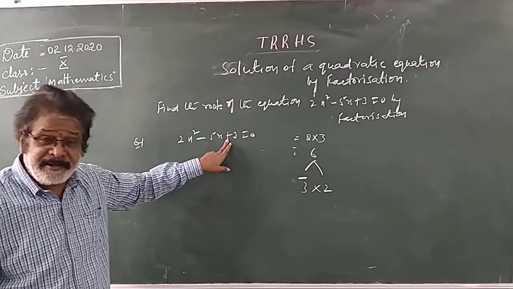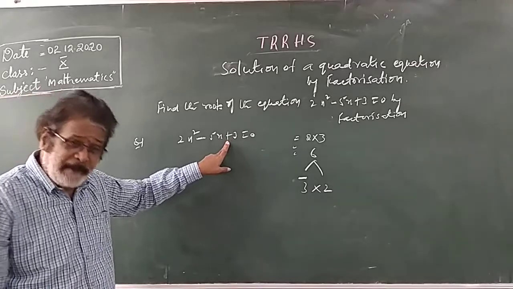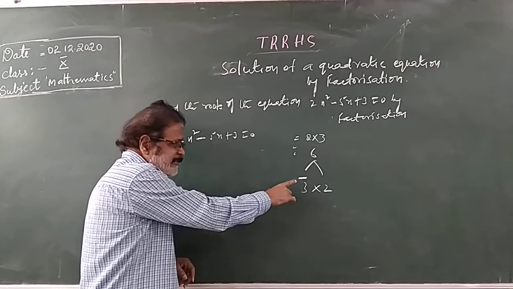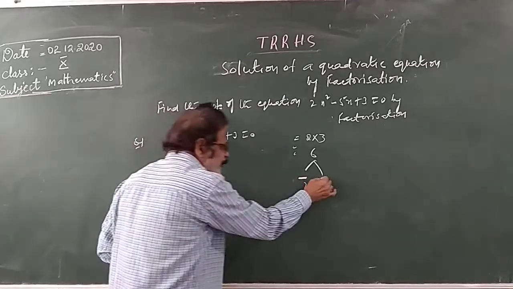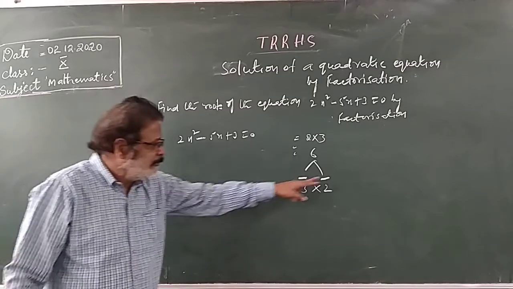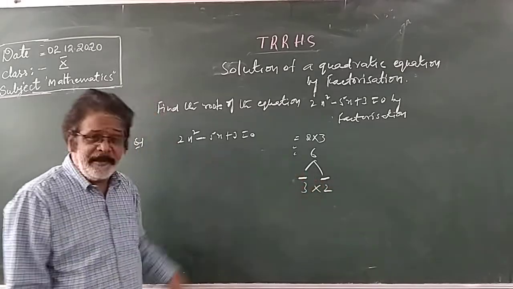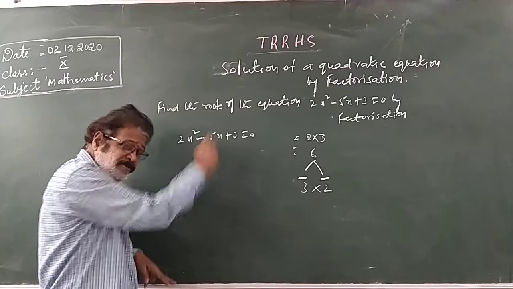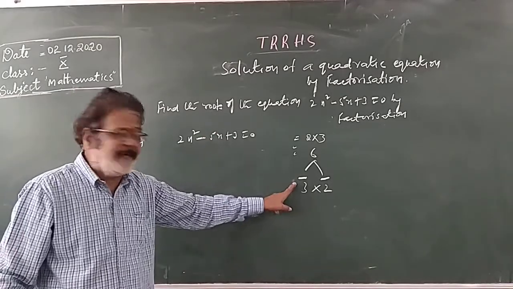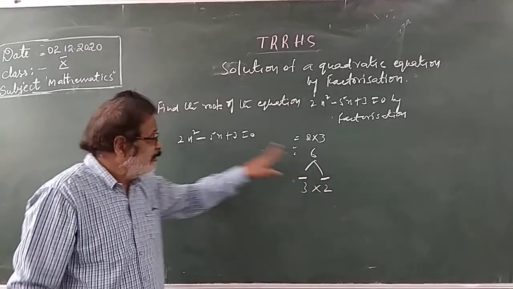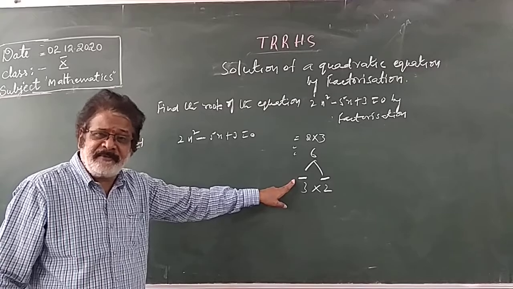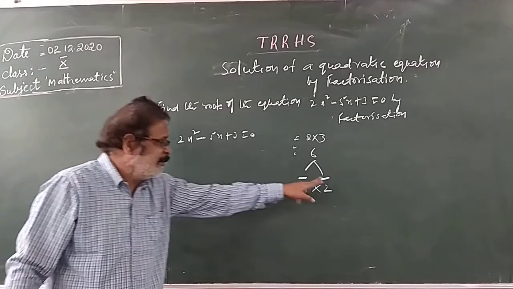When the last sign, the constant, is plus, whatever sign is allotted to the greater factor, give the same sign to the smaller factor. Here the constant is plus. The greater factor sign is minus, so the smaller factor is also minus.